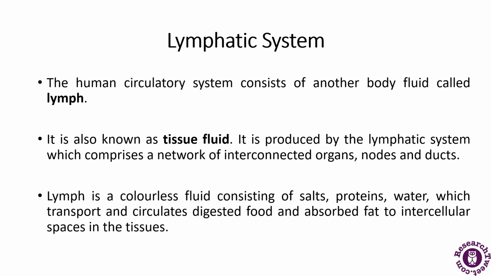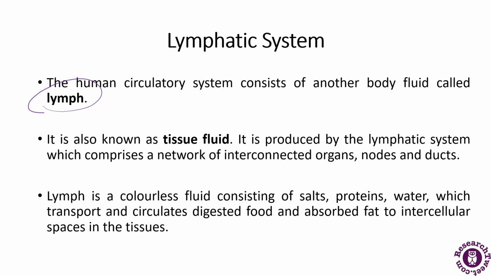Next, I will talk about the lymphatic system. The lymphatic system consists of another fluid called lymph. Lymph is a type of tissue fluid produced by the lymphatic system, which comprises a network of interconnected organs, nodes, and ducts.